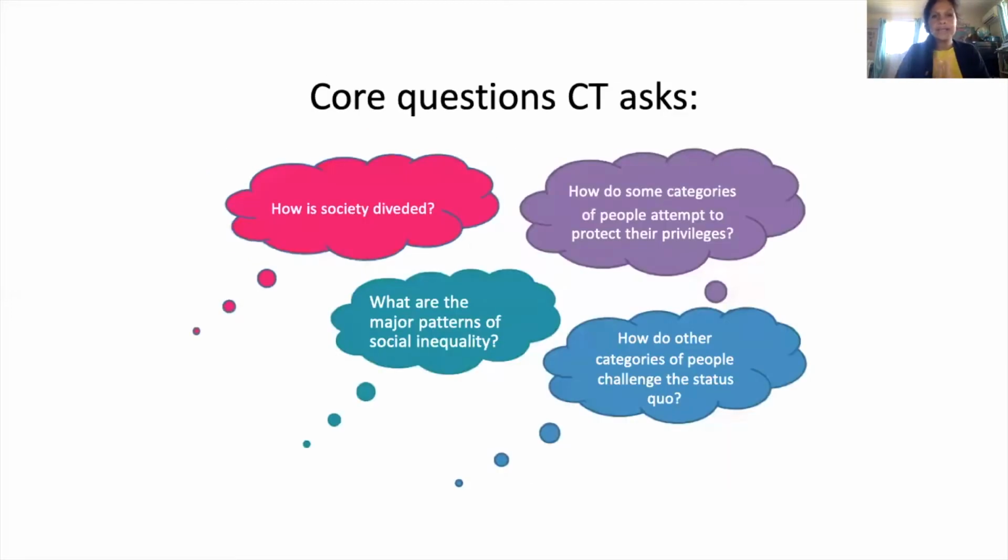So what types of questions do conflict theorists ask? How is society divided? How do some categories of people attempt to protect their privilege? What are the major patterns of social inequality? How do other categories of people challenge the status quo? Think here of Black Lives Matter.